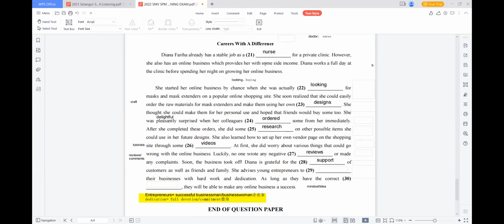She advises young entrepreneurs to what? Did you hear that one? You can guess build, grow, develop. Which one did you hear? Build, grow, or develop? Can you guess?